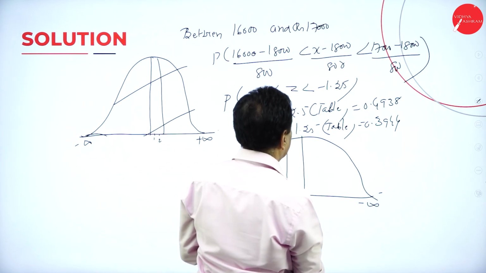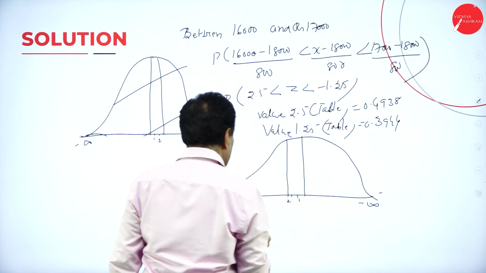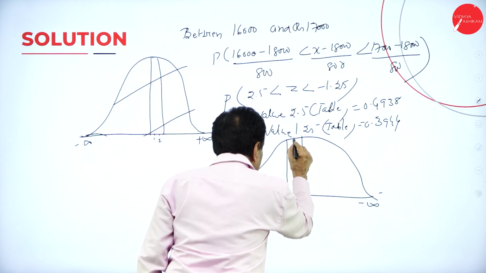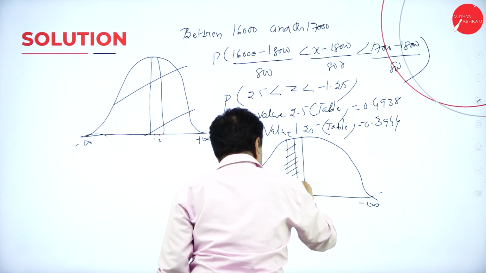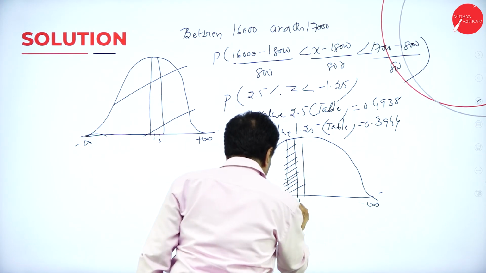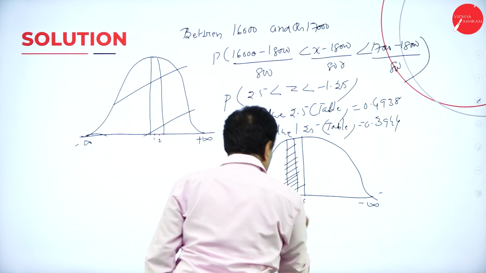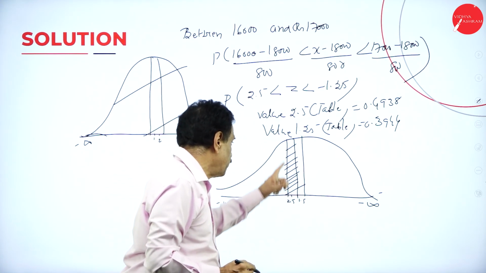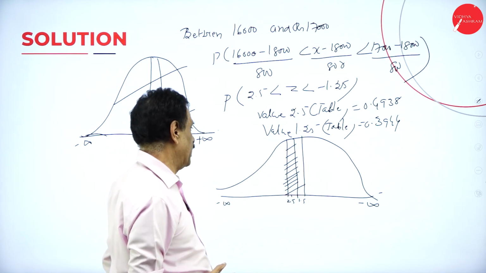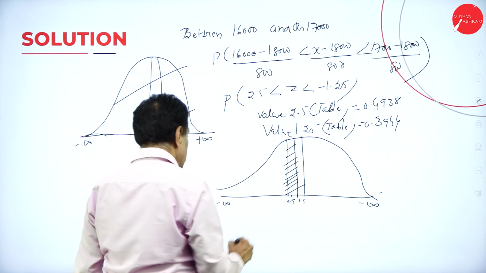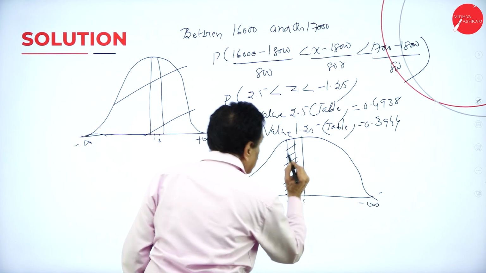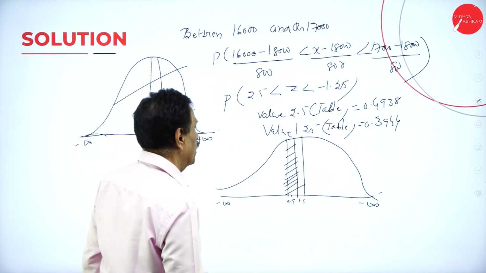Then 17,000 minus 18,000 is minus 1.25. This is 2.5, this is 1.25. You have to shade between them, not a less-than.